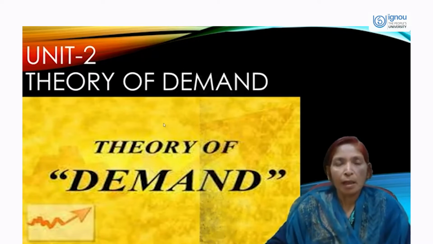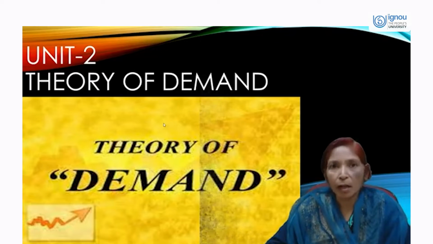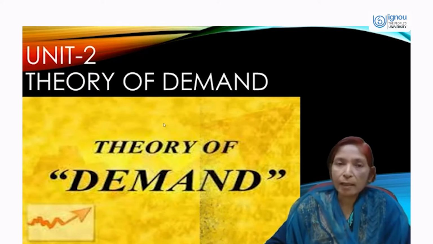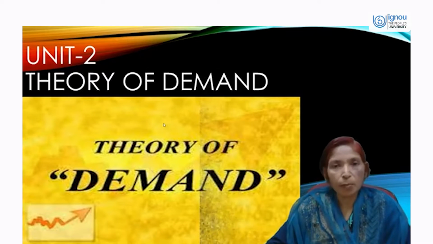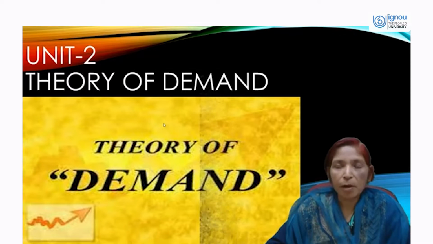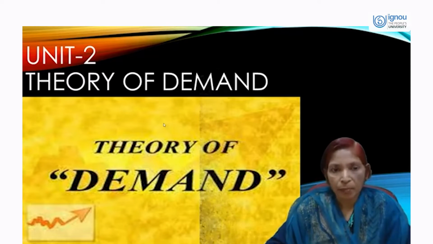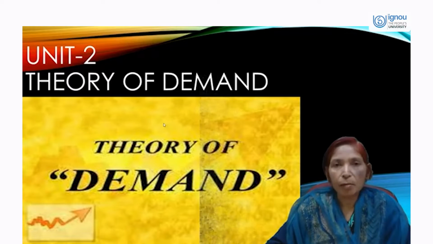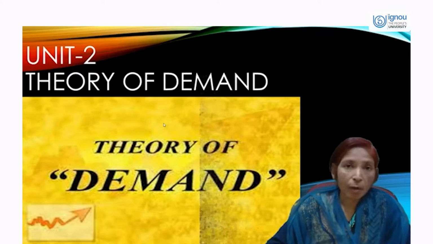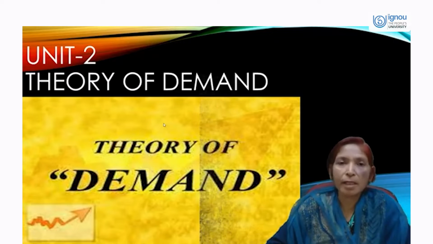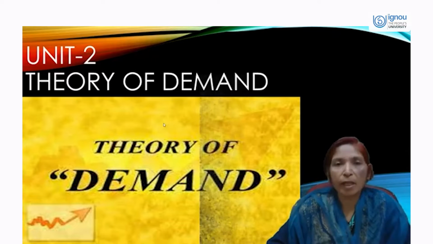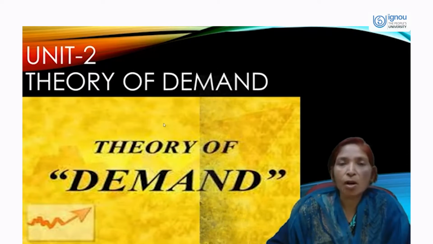In this session, we will discuss the theory of demand. In the last session, we discussed the meaning of economics, the central problems of an economy, and why these central problems, like what to produce, how to produce, and for whom to produce, arise in an economy, and how the PPC, production possibility curve, can solve them. We also discussed the difference between microeconomics and macroeconomics, positive economics and normative economics, and the difference between stock and flow.